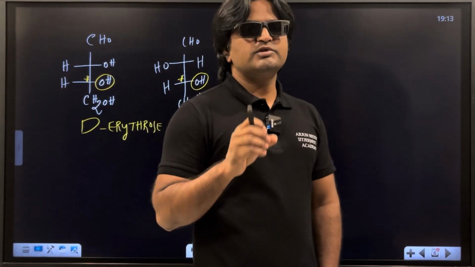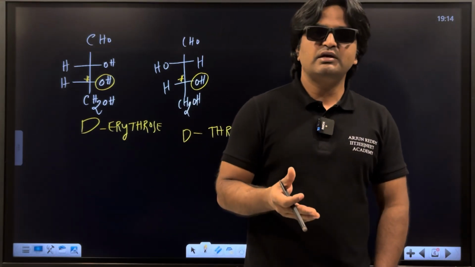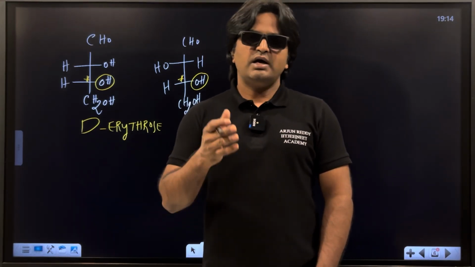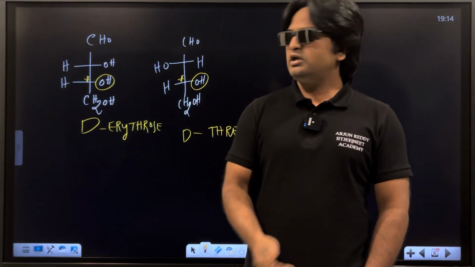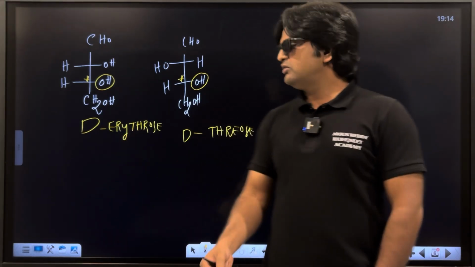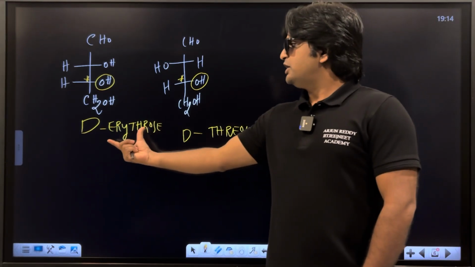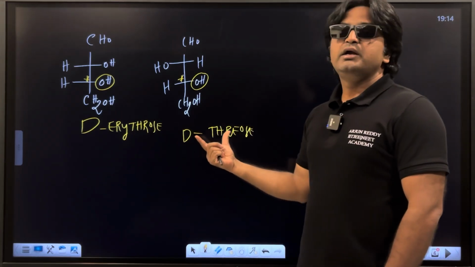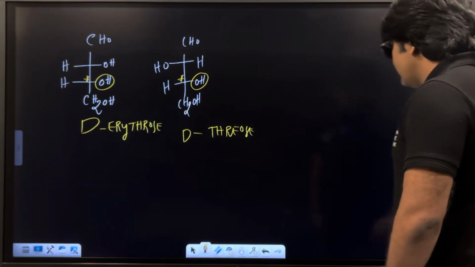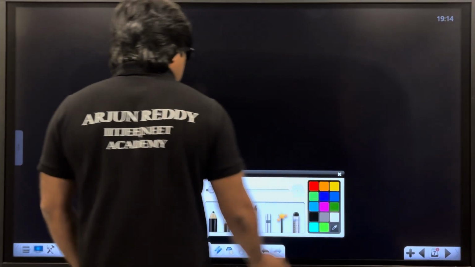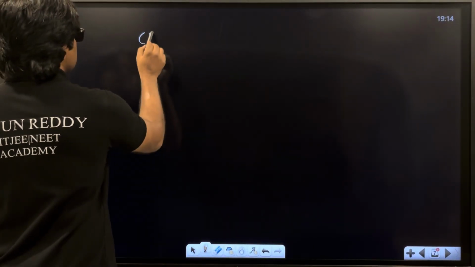If matching or similar groups are present on the same side, that's erythro, and if similar groups are present in opposite directions, that's threo. So this is the D erythro molecule, and this one the D threo molecule.